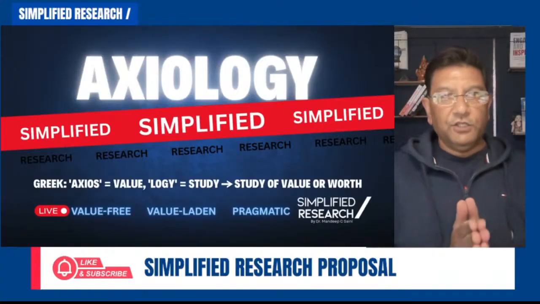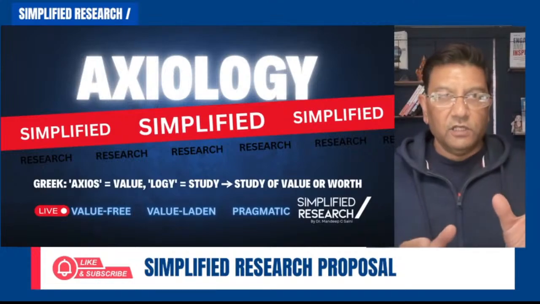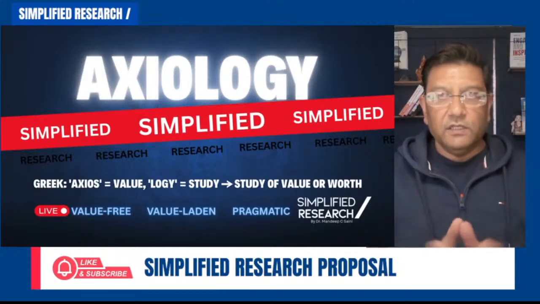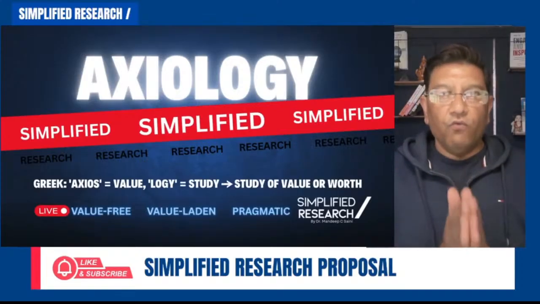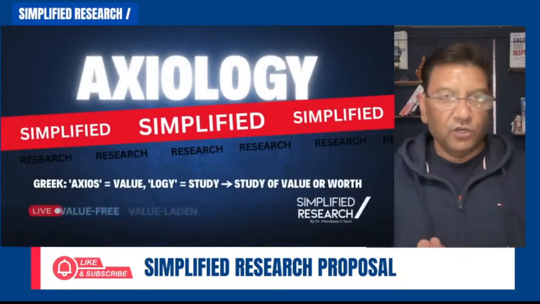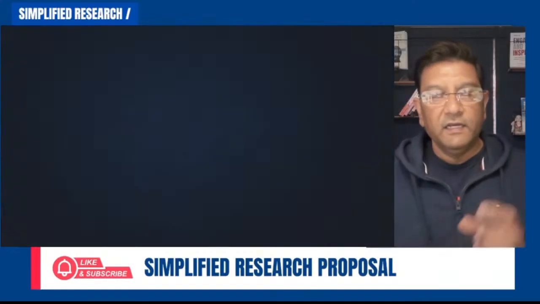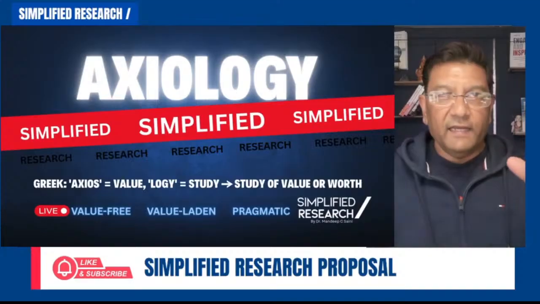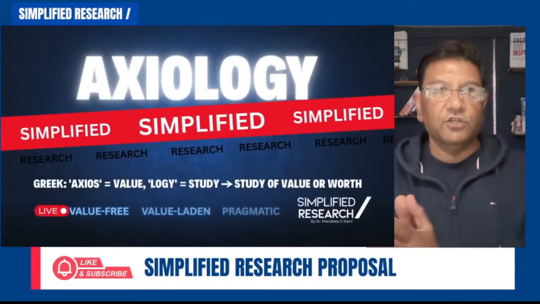Now, axiology is a combination of 2 words, axios and logy. Axios means the value, what value you are putting in the research, what value that research will provide. So the value adding in the research itself or in the research process.